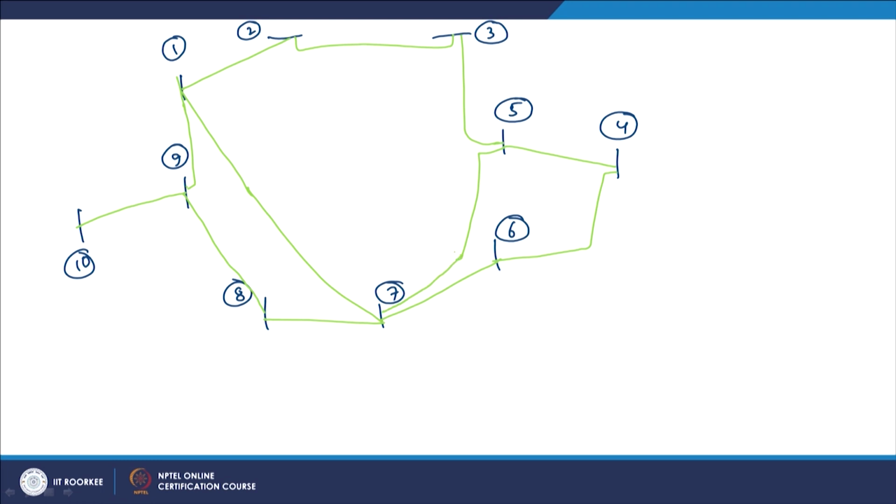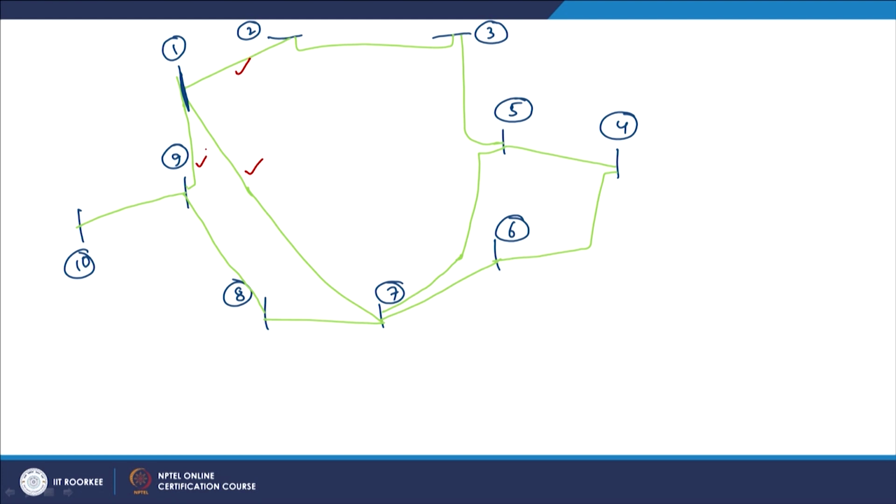So, something like this. Now, if we look at any particular bus, for example bus 1, what is happening at bus 1? There are actually 3 lines connected to it: between 1 and 2, between 1 and 7, and between 1 and 9.